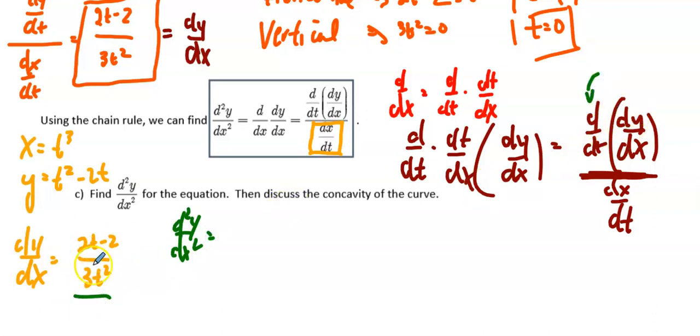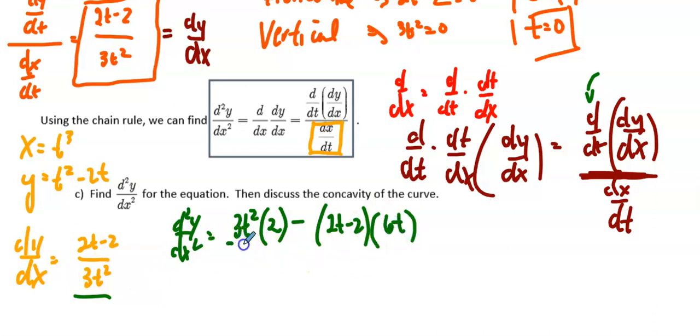We're going to use the quotient rule: the denominator times the derivative of the numerator, which is just 2. And it's with respect to t, so there's no implicit here because everything's about t. Minus the numerator times the derivative of your denominator, which is 6t, all over your denominator squared.